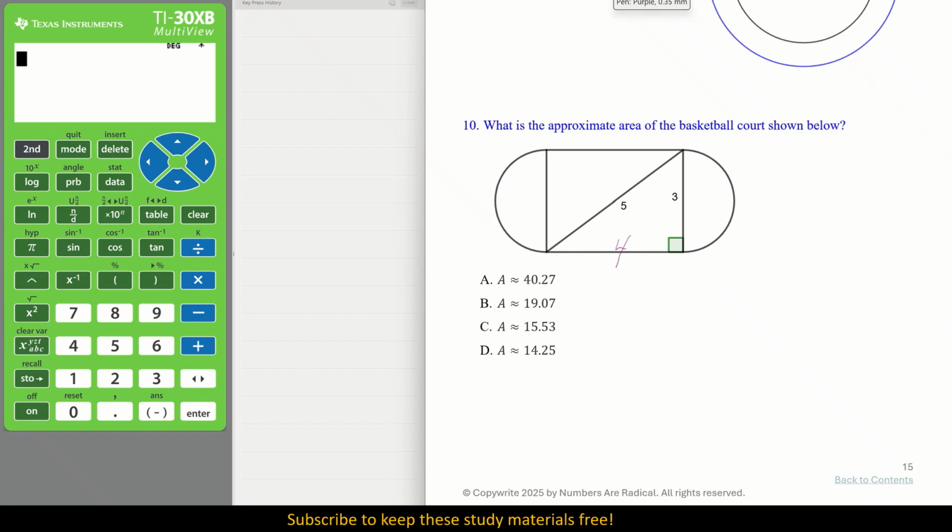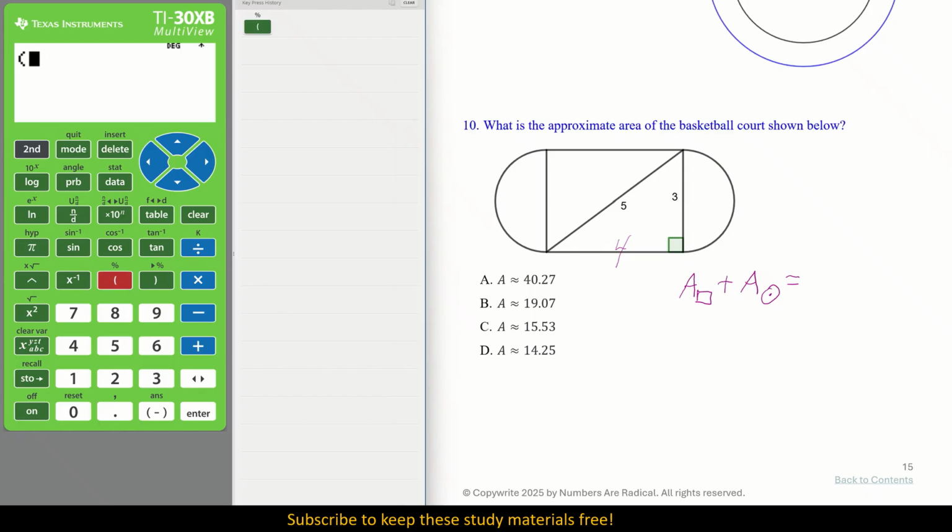Okay, now I jumped to that pretty quick, but we'll come back to that. How are we going to get the area of this figure? Well, we need the area of the rectangle plus the area of that circle, and that's going to get us what we need. So let me come over and put it in the calculator.